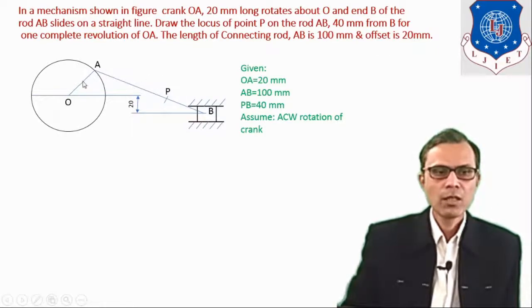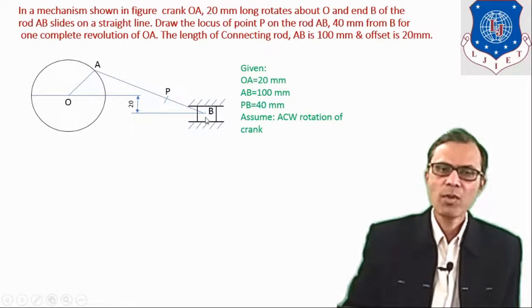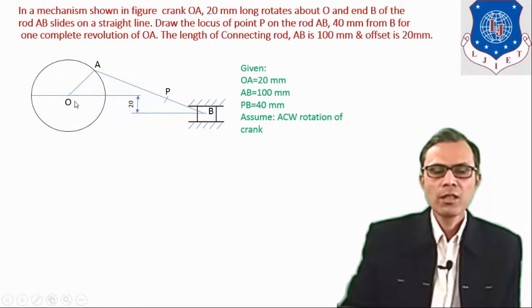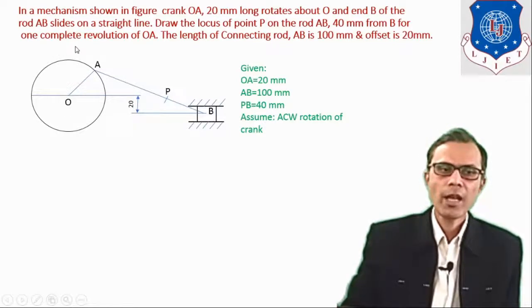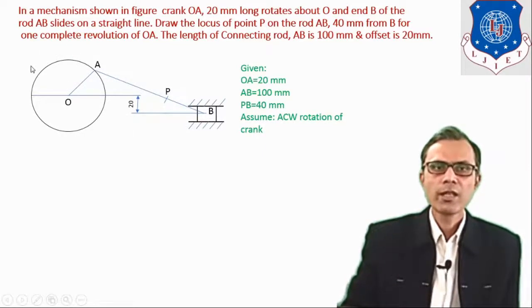Given data is OA is the rotating link crank and OA equal to 20 mm, AB equal to 100 mm, and PB, because this is the moving point P, and distance of this point P from B is given as 40, so PB is equal to 40 mm. Offset distance is 20 mm, and we assume that crank is rotating in anti-clockwise direction.